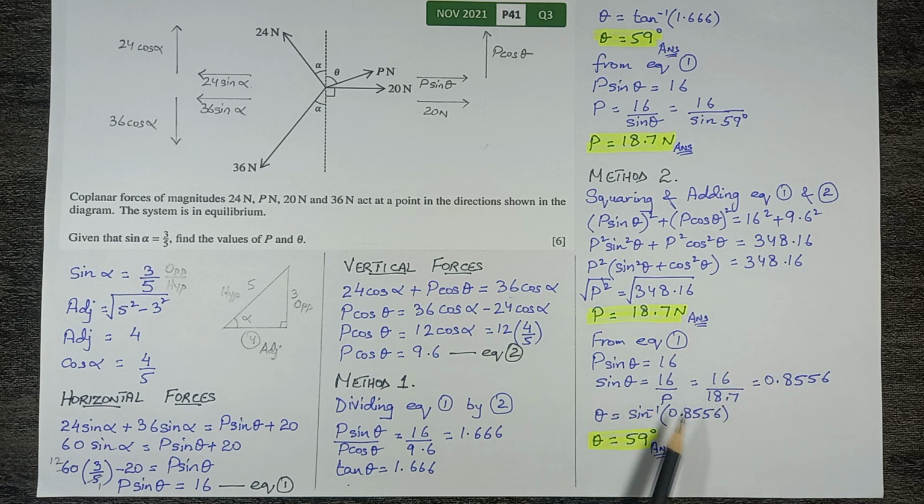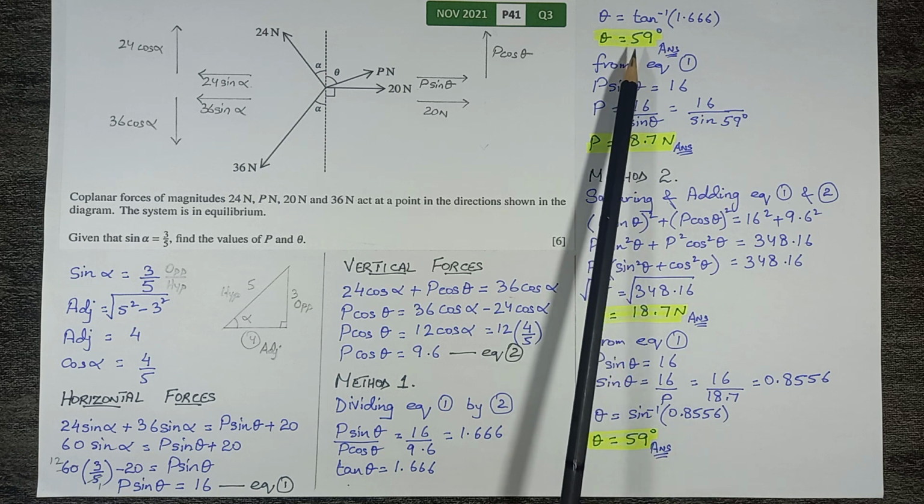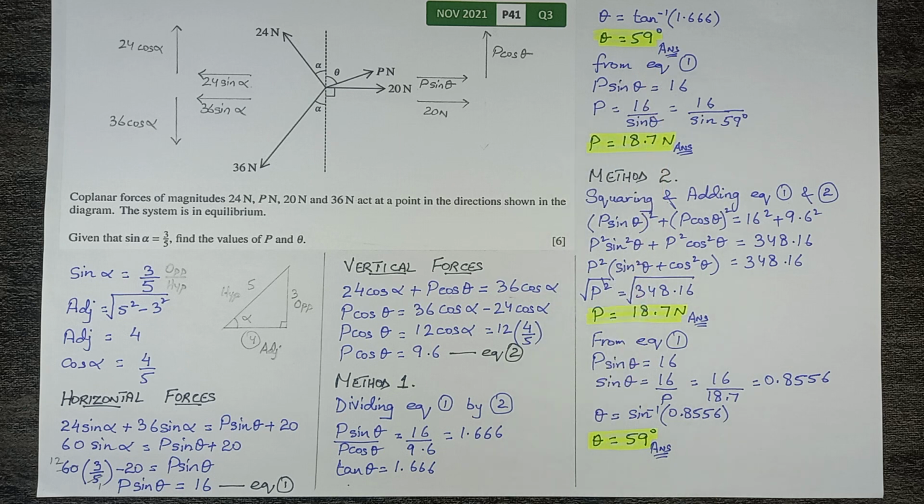Taking the sine inverse of 0.8556, we have theta equal to 59 degrees, which is the same answer that we got from method 1. Both the methods are super simple and easy. You just have to apply any one to get the answer.